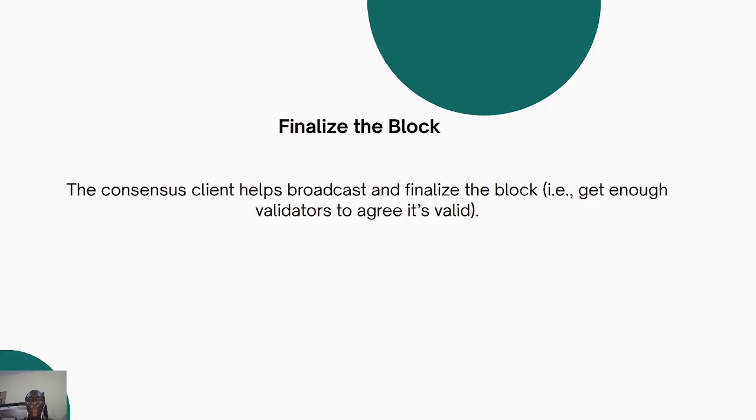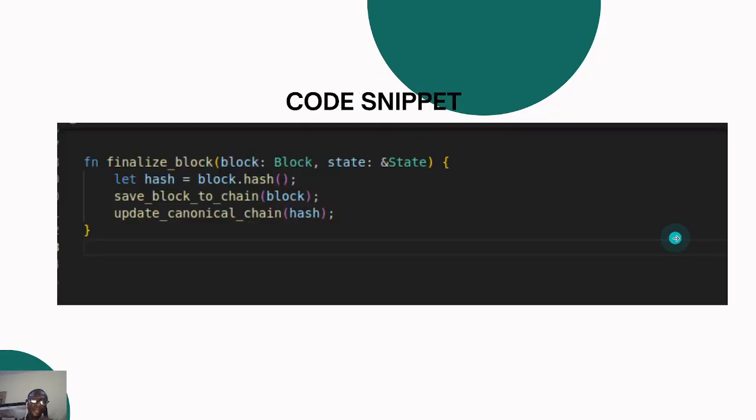When all the validators come to agreement on that block, they add it to the blockchain. That is called finalizing the block. At that point, there's nothing you can do again. Your transaction is there on the blockchain forever. So the consensus client helps broadcast and finalize the block, getting enough validators to agree it is valid.